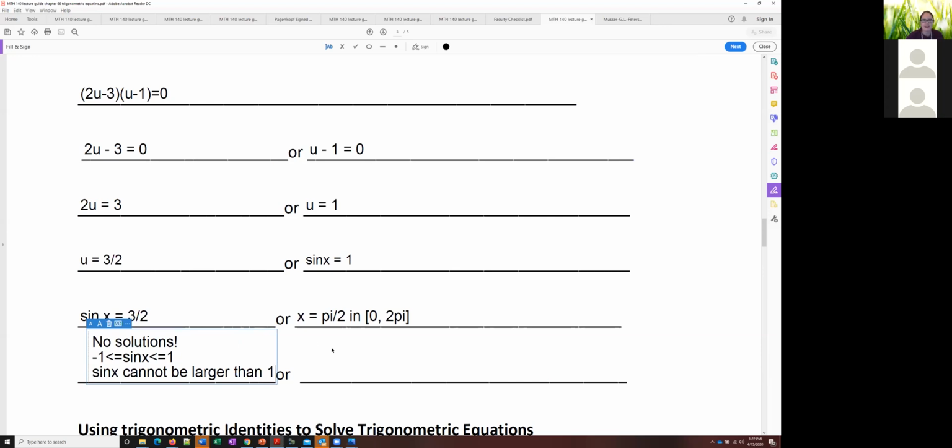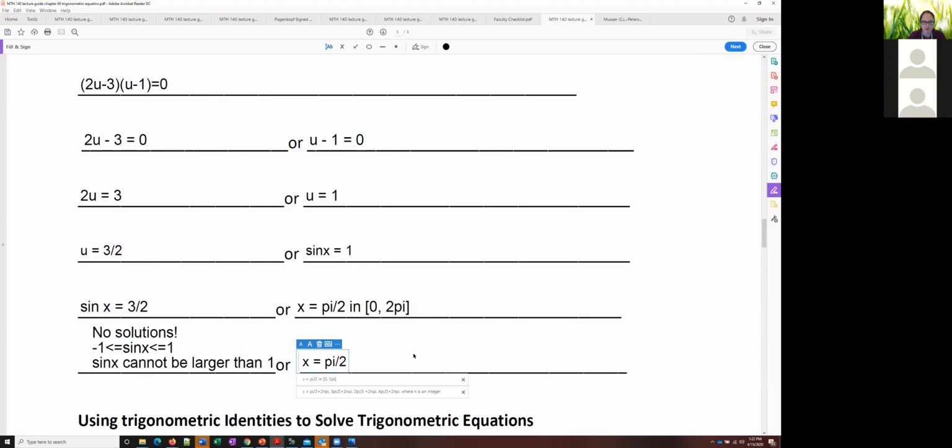Sine of x cannot be larger than 1. So there are no solutions to this first equation. The second equation does have solutions. We can say x is pi over 2 plus 2n pi, where n is an integer.